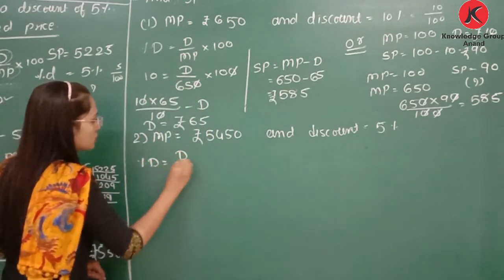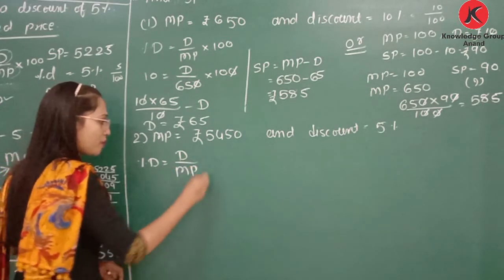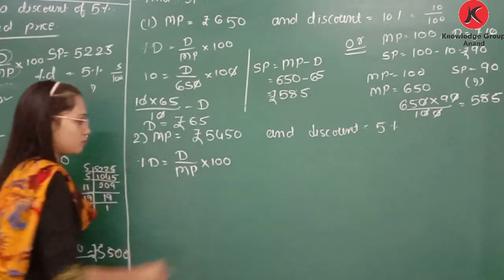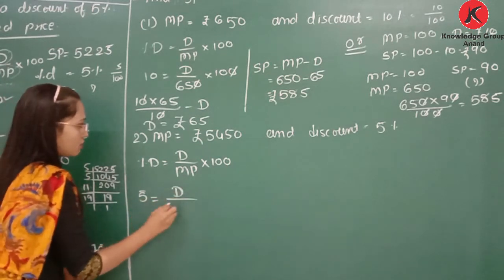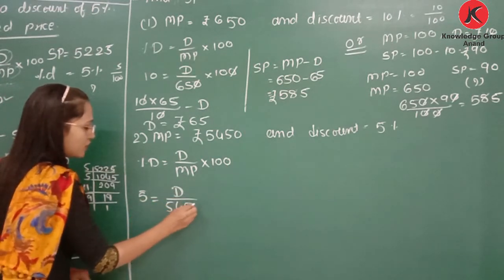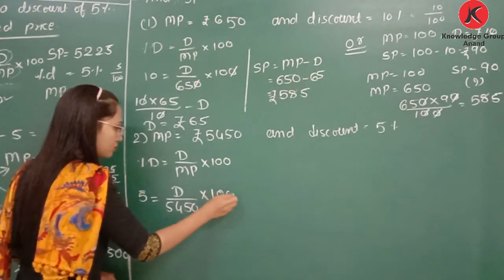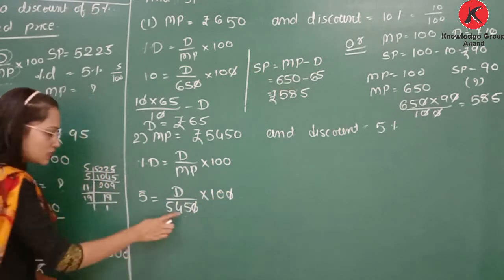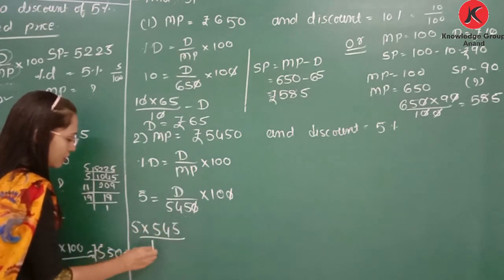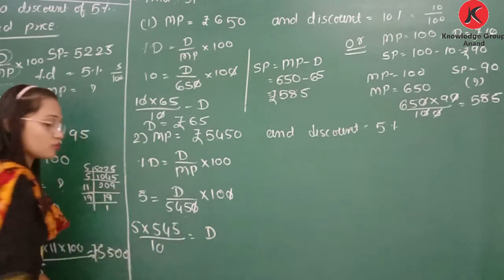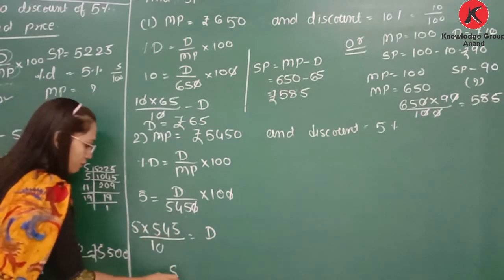Percentage discount is equal to discount divided by market price multiplied by 100. Discount percentage is given as 5. Discount divided by 5,450, that is our market price. 0 cancels, that will be a multiplication. And 10 in a divide gives discount in rupees. So 5 5s are 25.